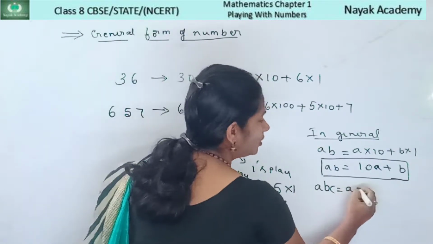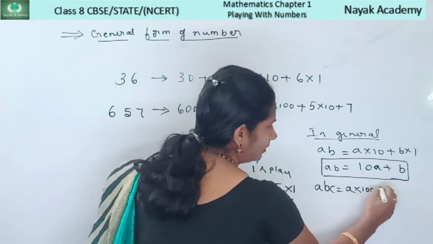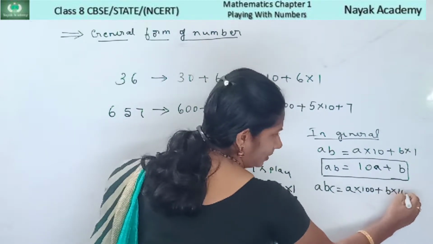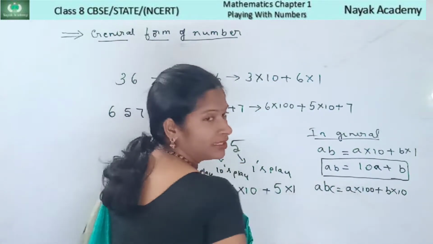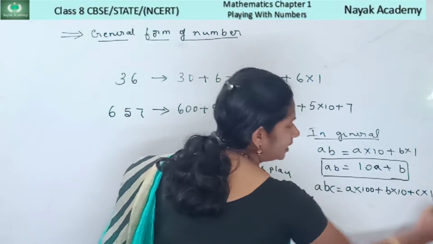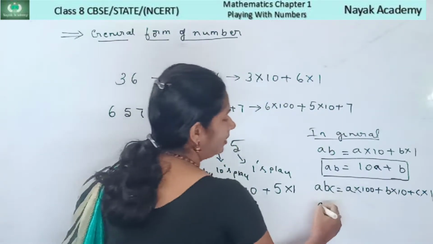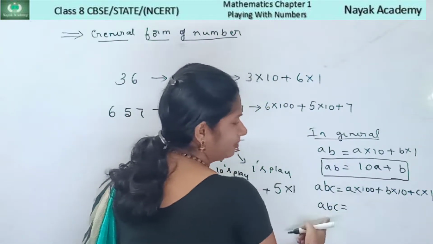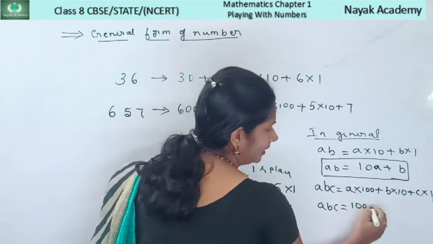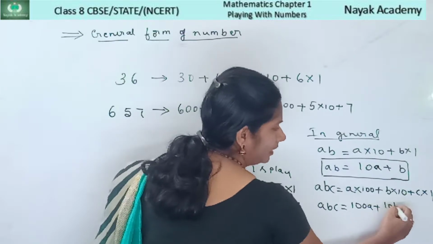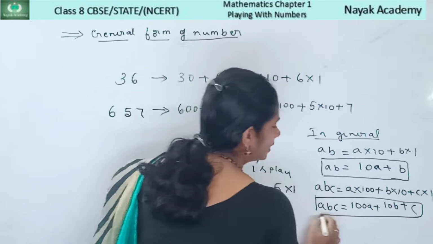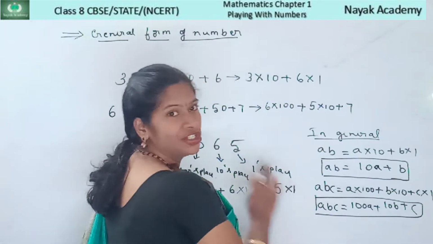So let me write A into 100 plus the next digit, it is B. B is at 10's place, multiply with that place value 10, and C is at 1's place, C into 1. Now ABC, any 3-digit number, you can write it as A into 100, it is 100A plus 10B plus C. This is the general form or expanded form of any 3-digit number.